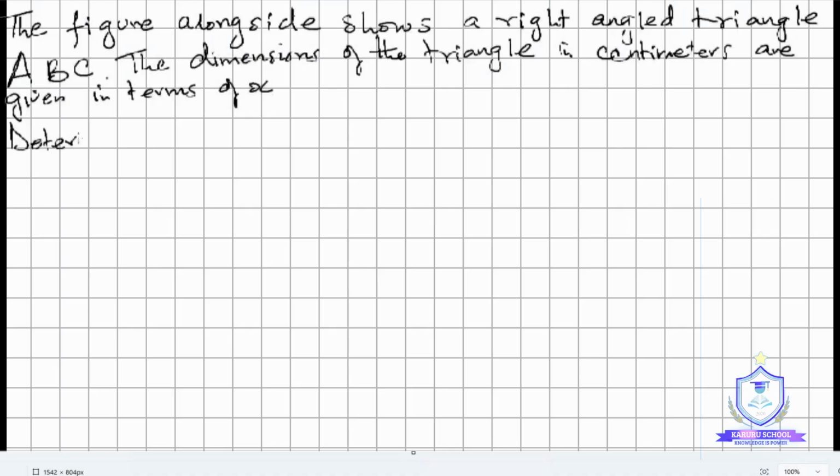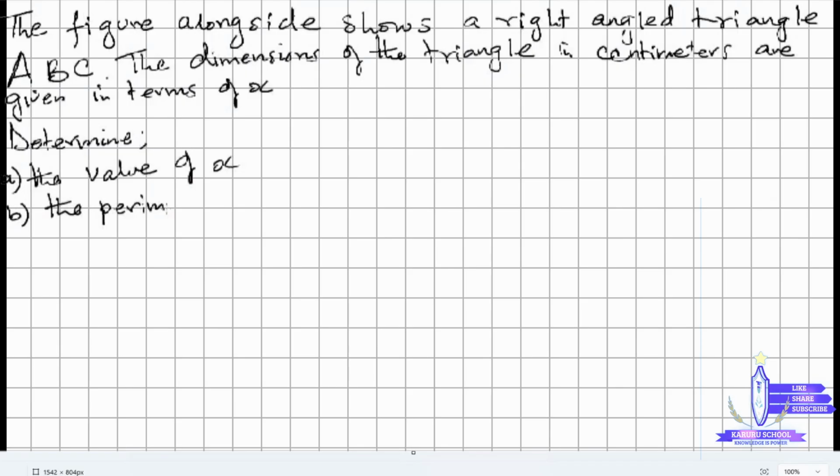Determine A, the value of x, B, the perimeter of the triangle.